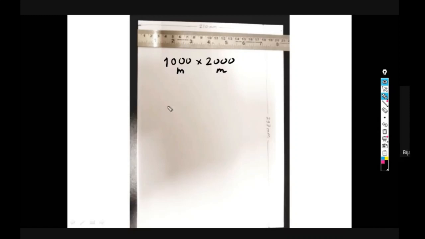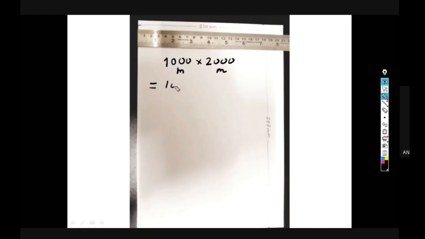Yes, tell me. Sir, 1:10,000. Okay, let's try. We cannot always get the answer exactly at the first trial. 1:10,000 you are saying?